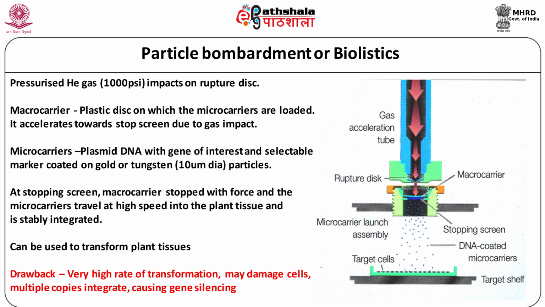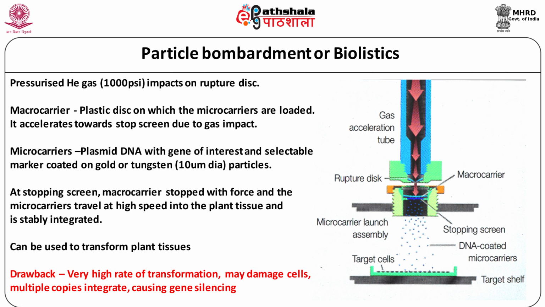The first one is the biolistic strategy. In this, the gene of interest cloned in a plasmid along with a selectable marker is bombarded on the plant tissue with great force generated by acceleration of helium gas in a vacuum tube. The plasmids are coated onto microcarriers, which are gold or tungsten particles of 10 micrometer diameter.